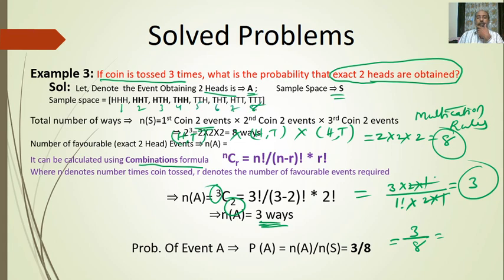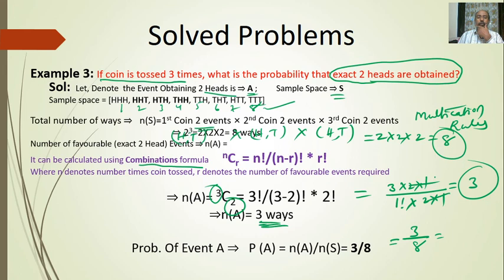So what the sample space is, we should get the 8 ways. We should get these 8 ways. N of S is equal to first coin into second coin into third coin events.